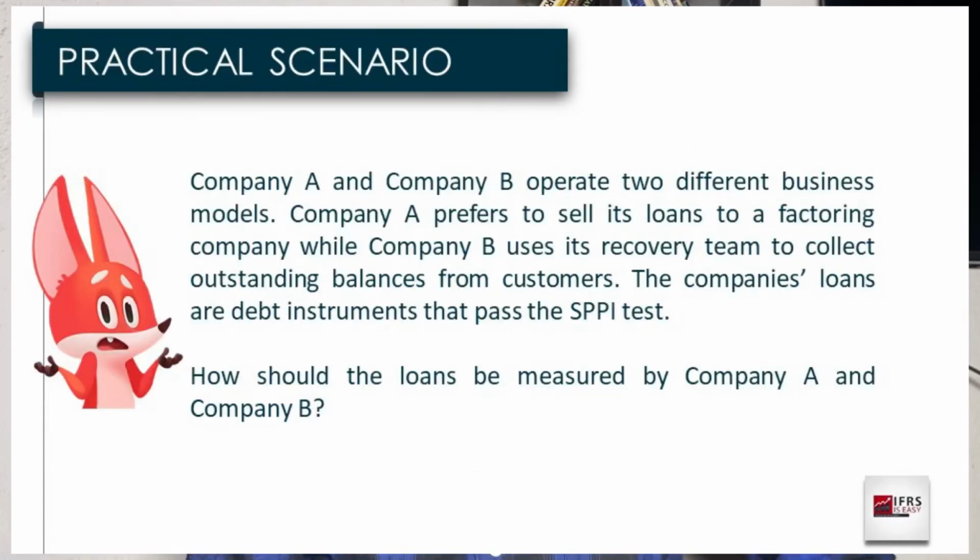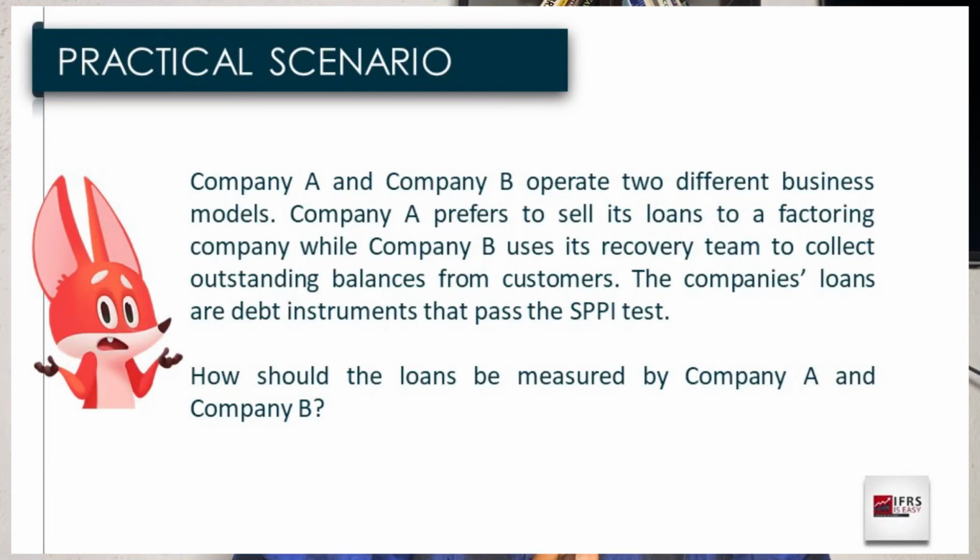Okay, so let's look at this example. It says here that company A and company B operate two different business models. Company A prefers to sell its loans to a factoring company, while company B uses its recovery team to collect outstanding balances from customers. The company's loans are debt instruments that pass the SPPI test. How should the loans be measured by company A and company B? So if you look at it, company A sells its loans to a factoring company.